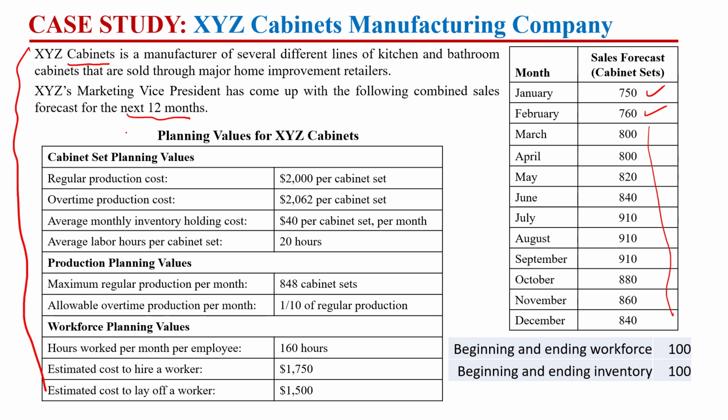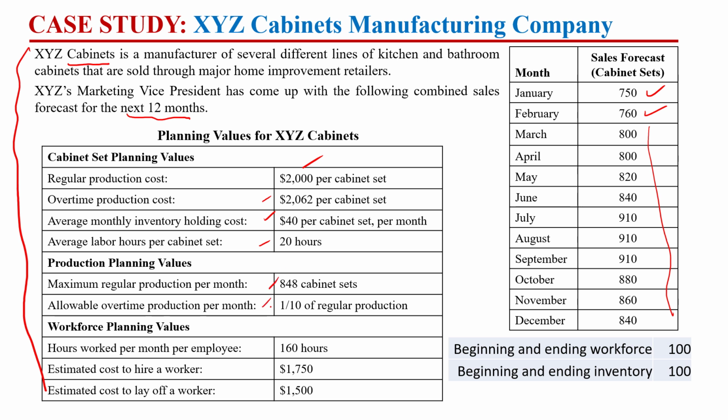Other than that, they have given us the information regarding the planning values: the regular production cost per cabinet, the overtime production cost, and the average monthly inventory holding cost per cabinet. Then the labor hours required to produce one unit of the cabinet, and the maximum regular time production capacity.